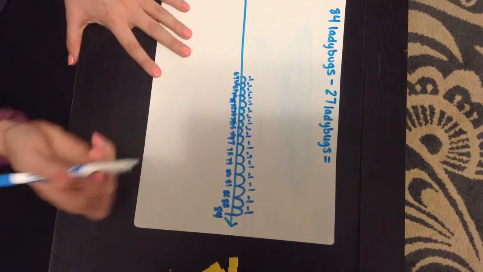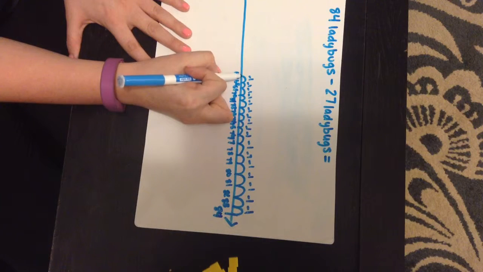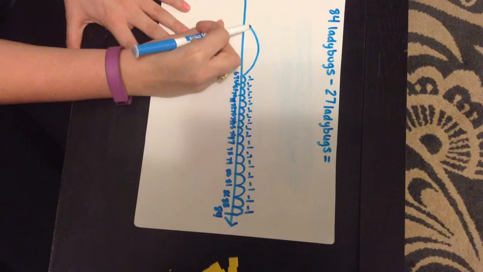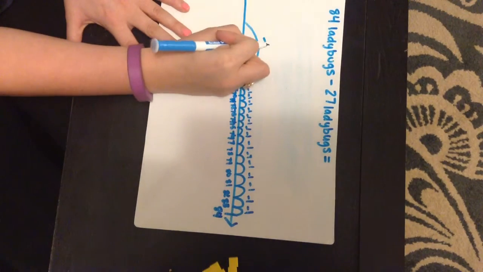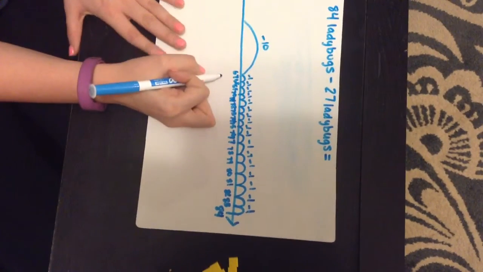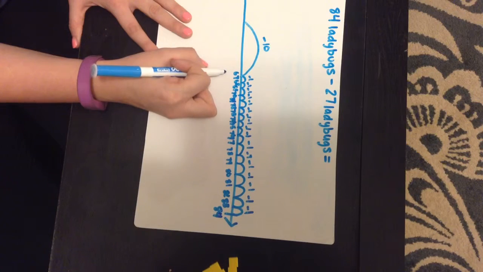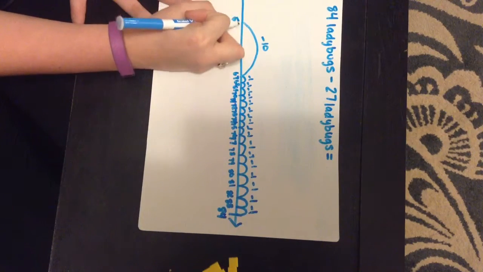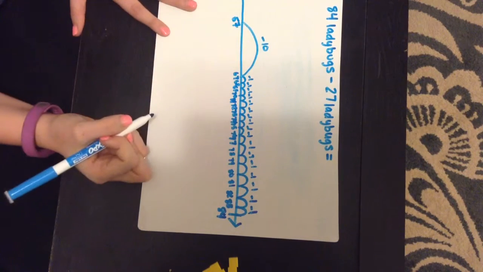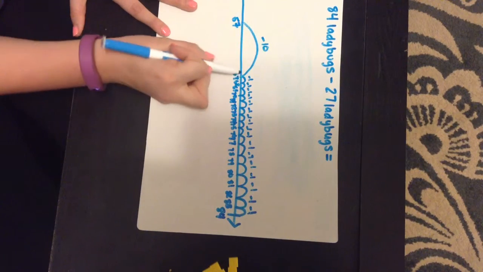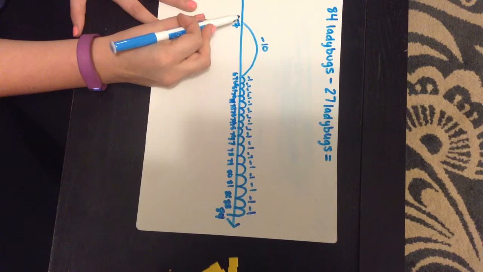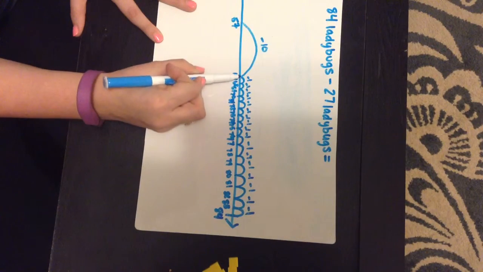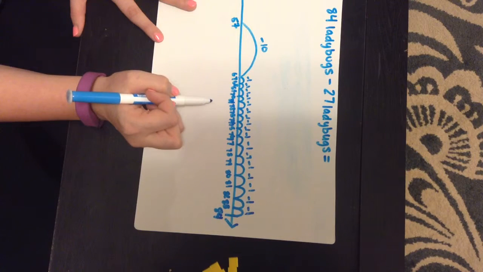To do this, we would start at our 67, which is our last total, and we would jump back a giant jump, subtracting 10 units from 67. If we subtract 10 from 67, that will land us on 57. This jump is the same as the 10 hops that we subtracted over here.